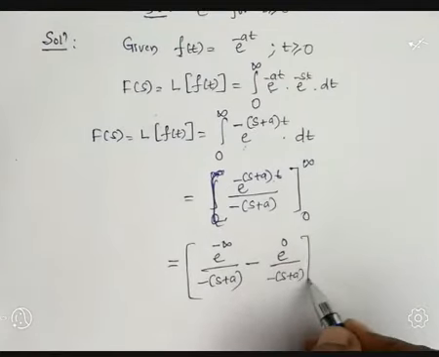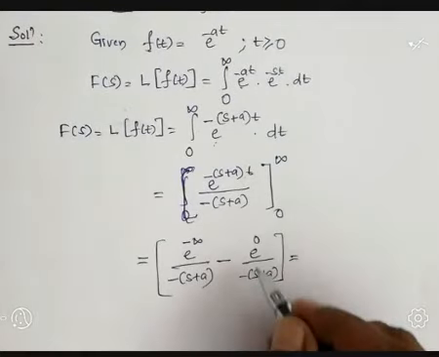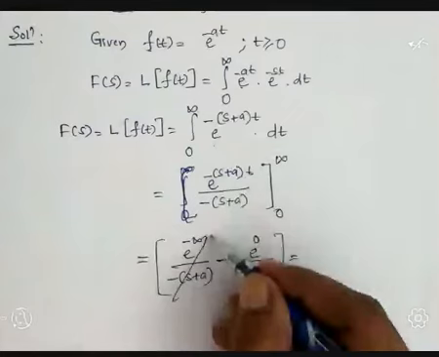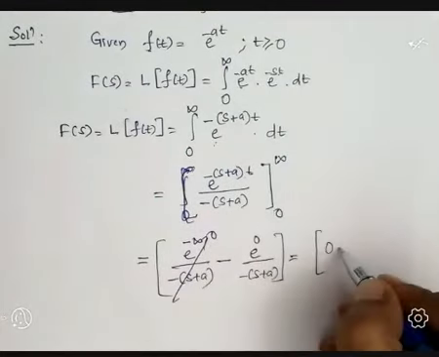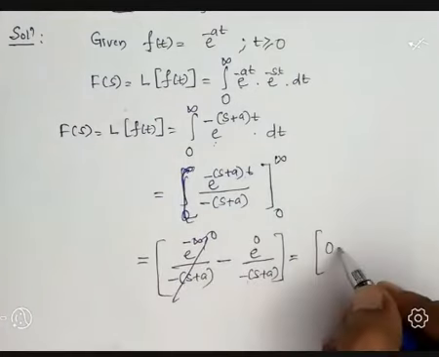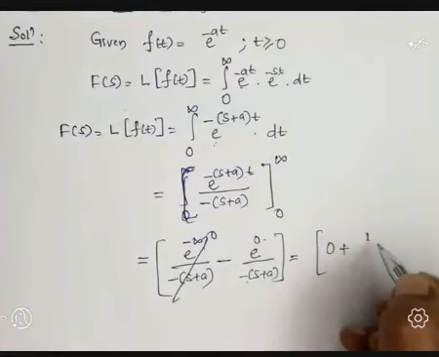Further simplification: e to the power minus infinity becomes 0, and 0 divided by anything is 0, so the first term remains 0. Minus into minus is plus, e to the power 0 is 1, divided by s plus a.